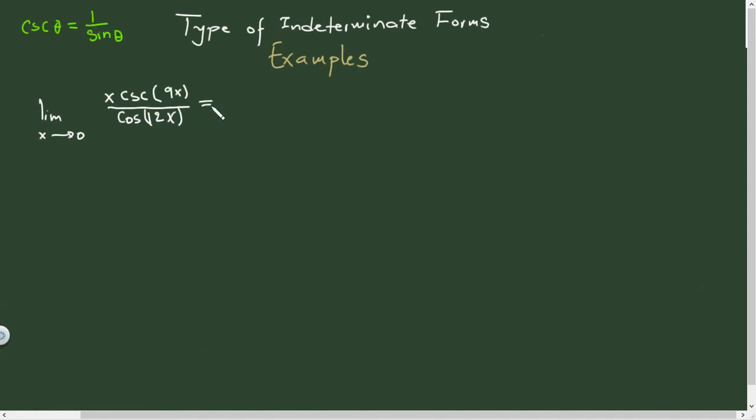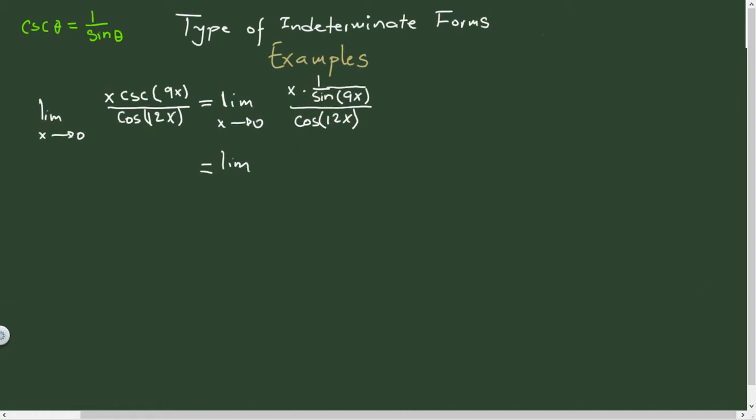So if we rewrite the cosecant like this, it is going to give us the limit as x goes to 0 of x times 1 over the sine of 9x, over the cosine of 12x.